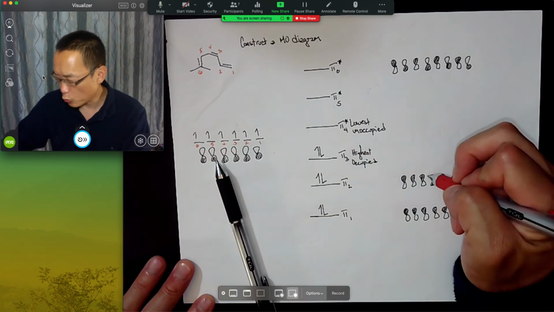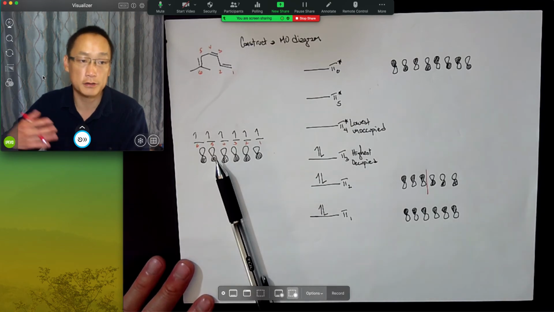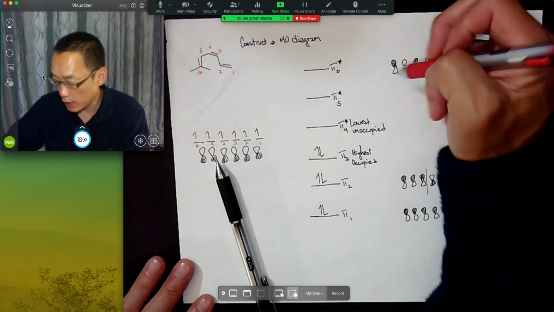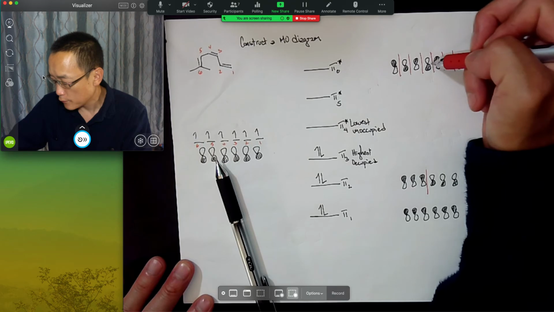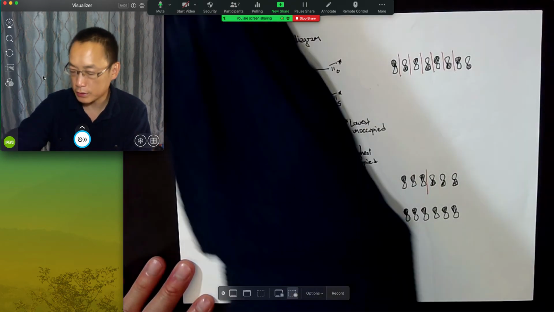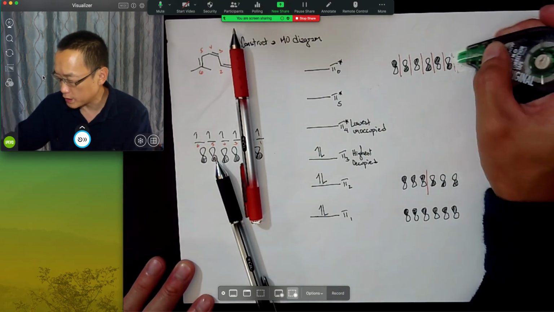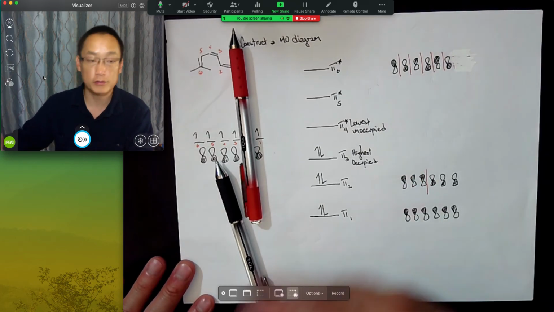Increasing the number of nodes in the molecule increases the energy, because there's now a section of the molecule where no bonding is allowed, and look at how many there are here. 3, 4, 5, 6. It looks like I went way overboard here, so let's just pretend these don't exist over here. But certainly you get the idea that there's a large number of nodes present that increase that energy.